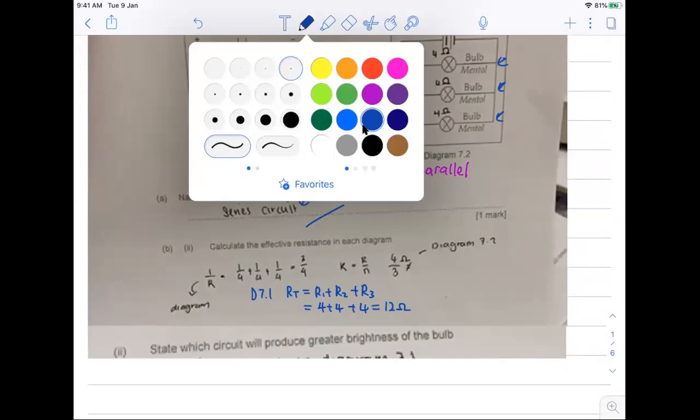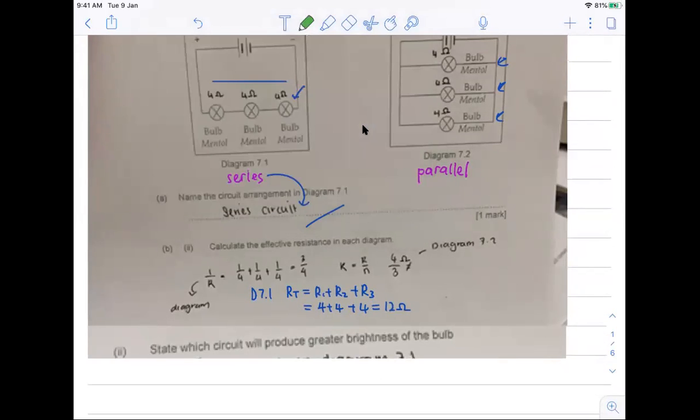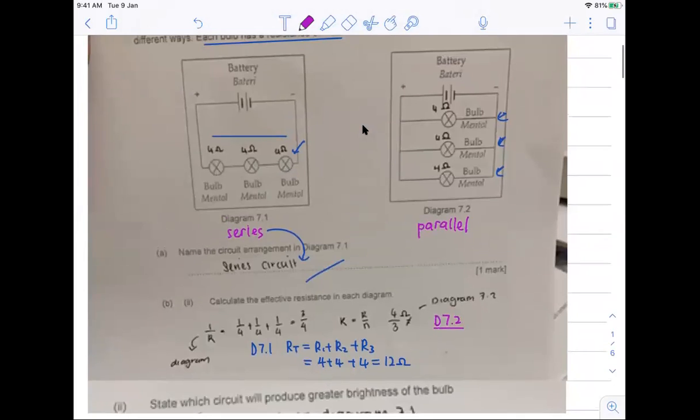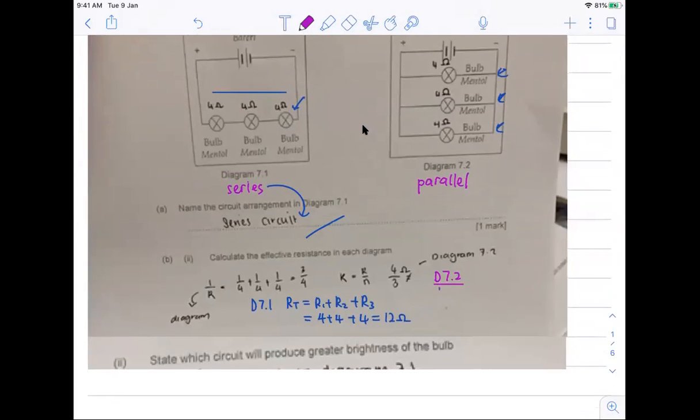Now let us look at diagram 7.2. For diagram 7.2, the resistance is connected in parallel. So the formula is 1 over R total equals 1 over R1 plus 1 over R2 plus 1 over R3, which is also 1 over 4 plus 1 over 4 plus 1 over 4, because R1, R2, and R3 are equal to 4 ohm.